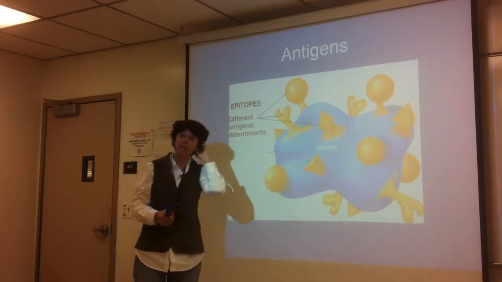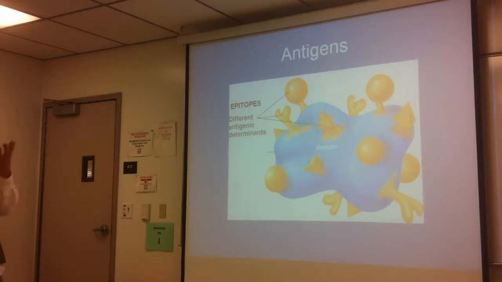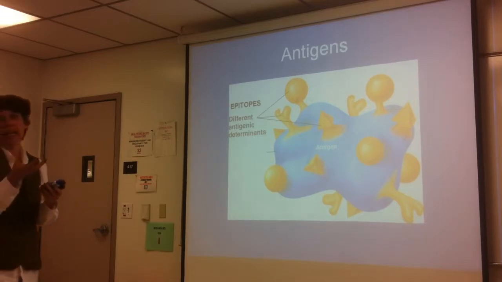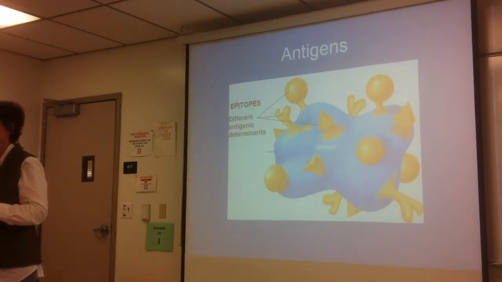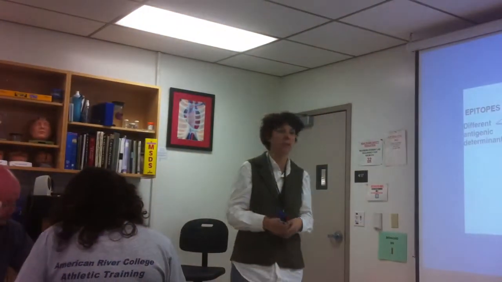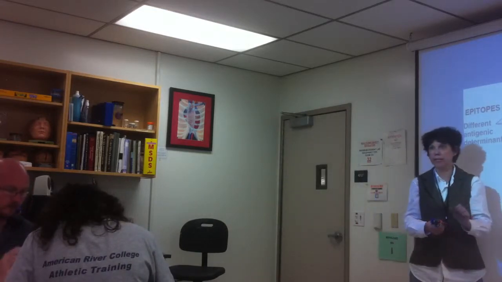So in research, a scientist will use antibodies to help them isolate certain molecules. Let's say that there's a protein in the blood. I'm trying to isolate out one of the complement proteins. And that complement protein could be antigenic, but it's going to have multiple surfaces.